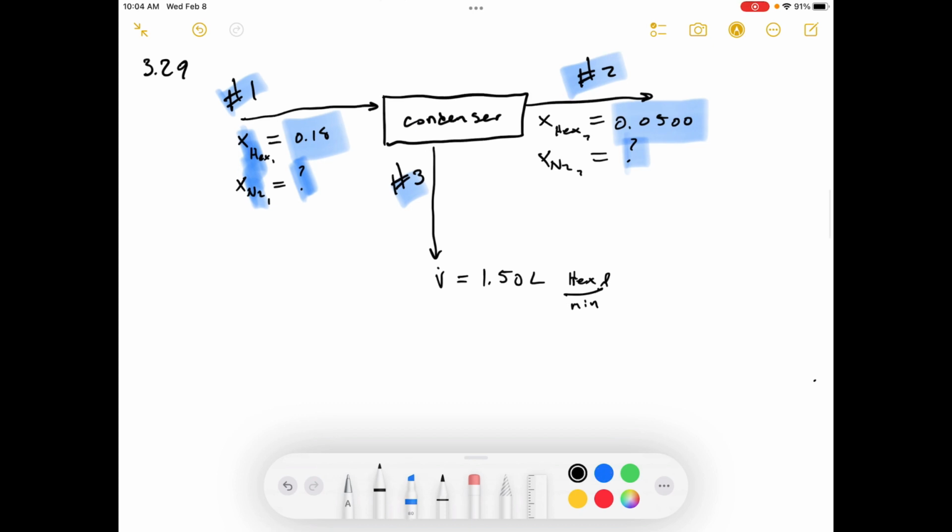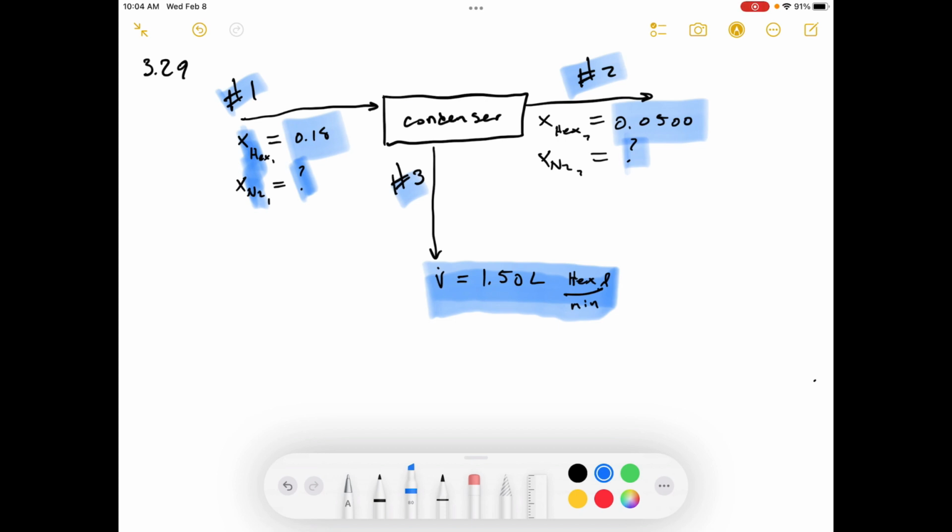So the first thing I think we want to do is collect all the information that we'll need from the back of the book. Right now I see that we'll need data on hexane and potentially on nitrogen as well. We for sure will need some data on hexane because we'll need to convert this volumetric flow rate into probably a molar flow rate, because the rest of the stuff is in moles.